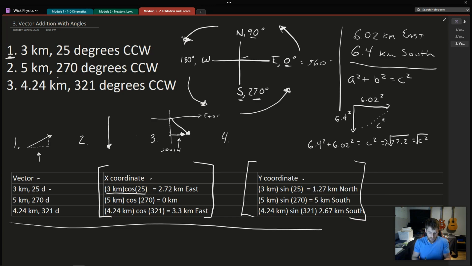So the square root of 77.2 is going to be equal to a resultant of 8.79 kilometers south of east. Okay, so our resultant is going to be an 8.79 kilometers south of east.